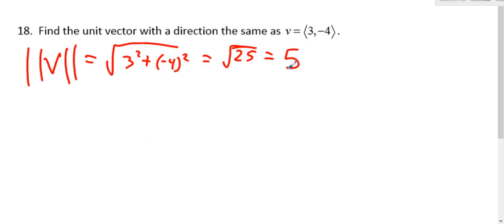If the magnitude is 5 and we're dividing that off our vector, the unit vector with the same direction would be 3/5 and -4/5. Just divide each component by 5.